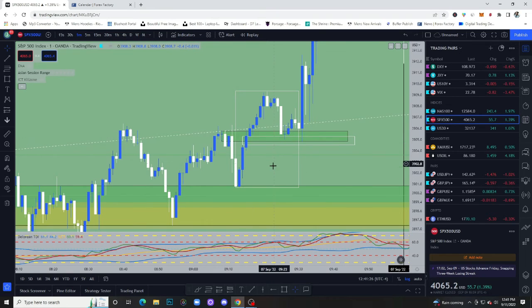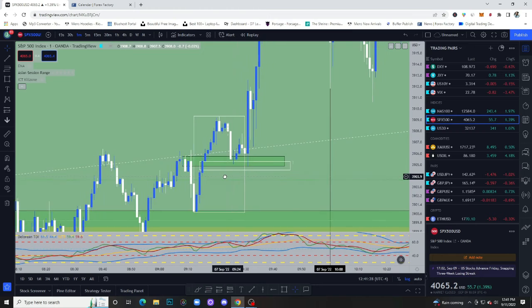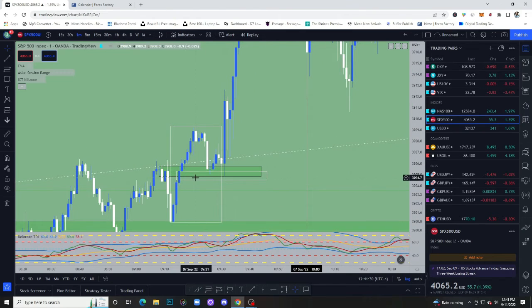I see this, I'm 100% confident in price heading higher, because this is just double confluence here. Anytime I see this, I feel 100% confident.